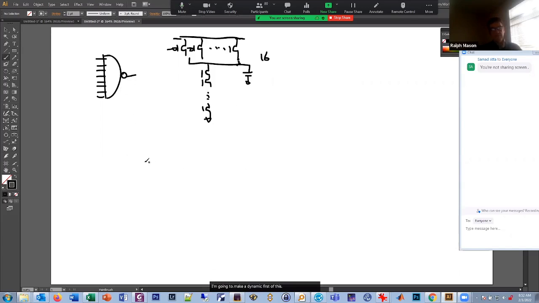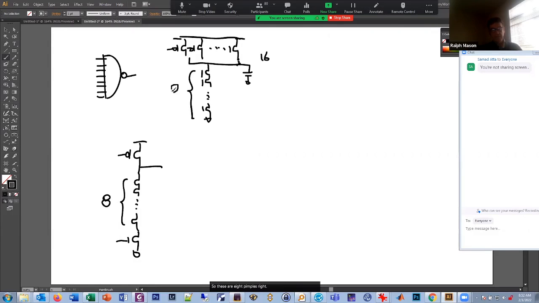So the dynamic version of this looks like this. It has 1 P. It has our 8 N's, 1, 2, ... And then it has one extra N down here. So these are our 8 inputs, right?